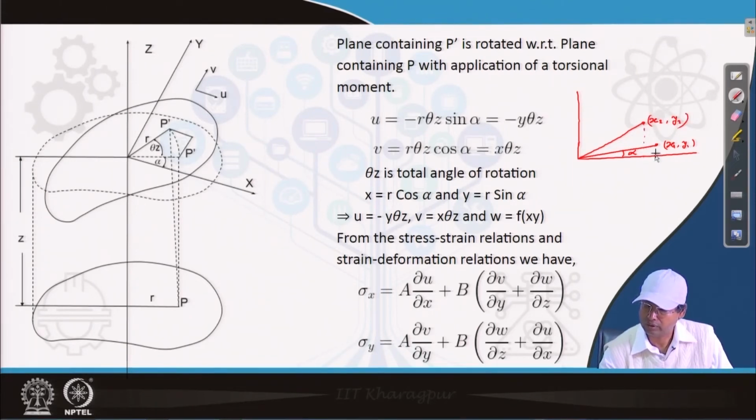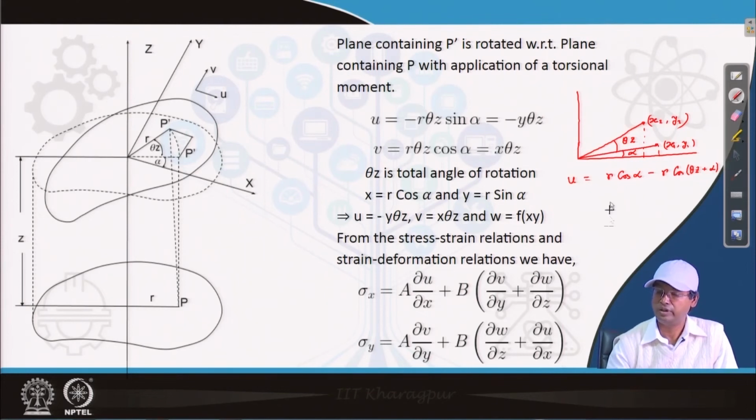Now, this is theta z. Say if we simply consider u, u is equal to r cos alpha minus r cos of theta z plus alpha.